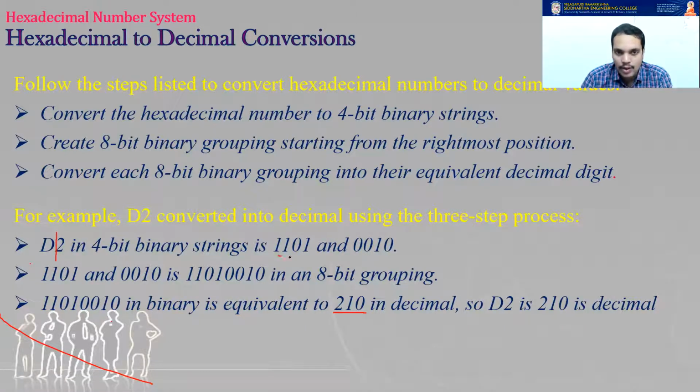D is written as 1101, 2 is written as 0010, and you combine them together to form your 8-bit grouping, and then apply powers of 2: 1, 2, 4, 8, 16, 32, 64, 128. So 128 plus 64 gives me 192. 192 plus 16 gives me 208. 208 plus 2 gives me 210. This is how you get the decimal equivalent of your hexadecimal.